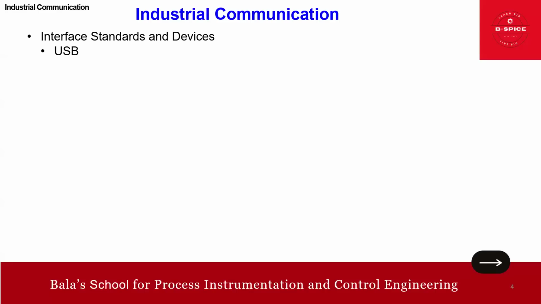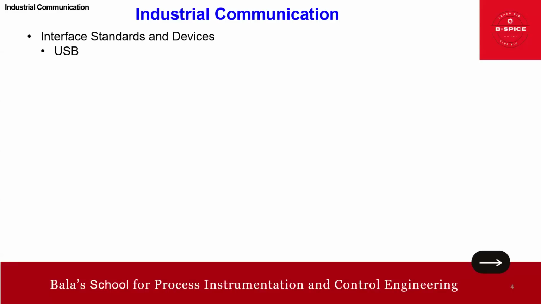USB 3 allows communication at up to 5 Gbps, and USB 4 supports 40 Gbps. USB has replaced the much older and slower RS-232 interface, which was used in legacy computers. So this is one of the devices, USB, Universal Serial Bus.